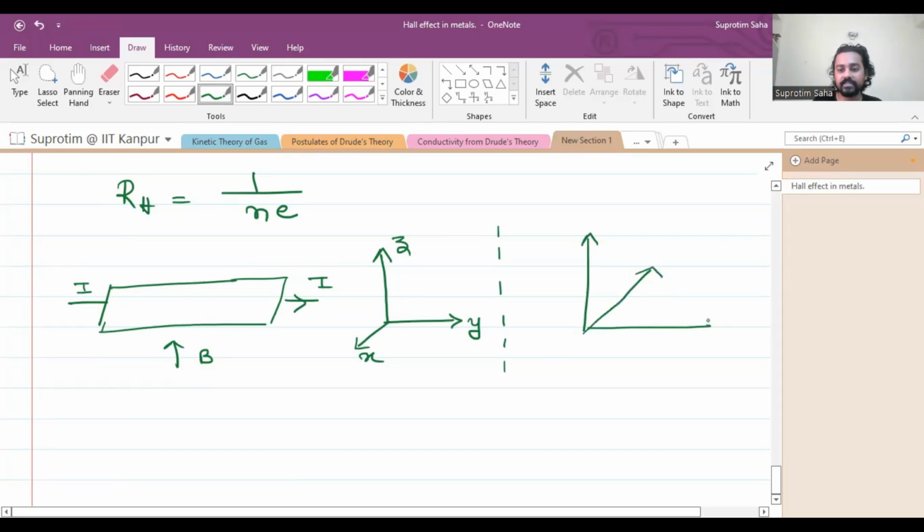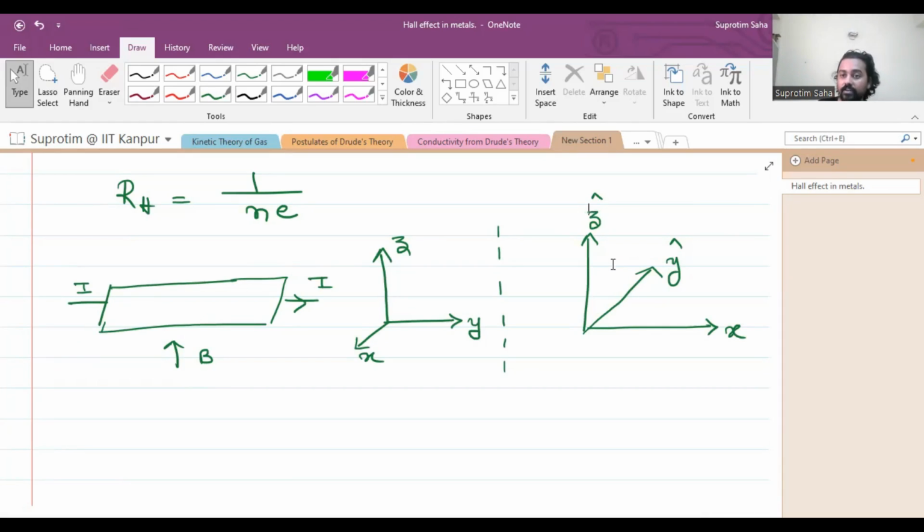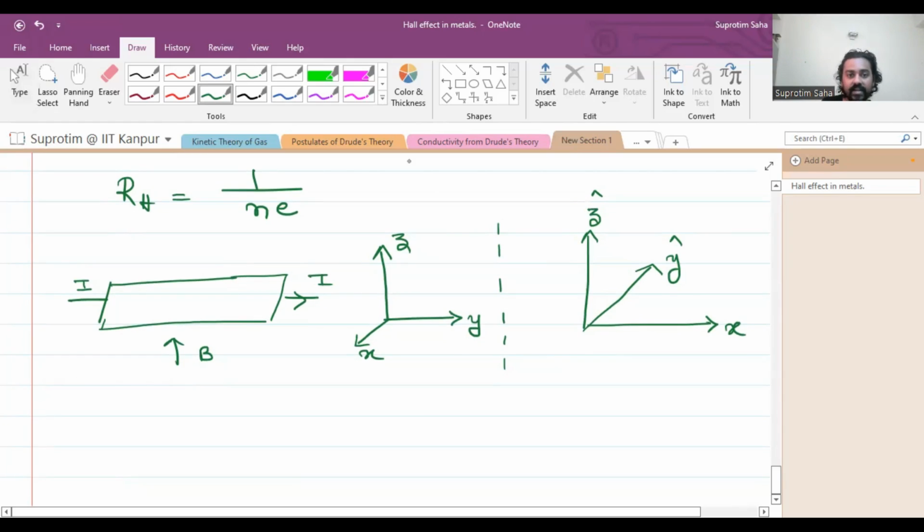So the current is applied in the X direction, and you measure the Hall voltage along the Y direction. Earlier we were sending in current along the Y direction and measuring the voltage along the X direction. In this case, we'll find that RH comes to be minus 1 over NE.